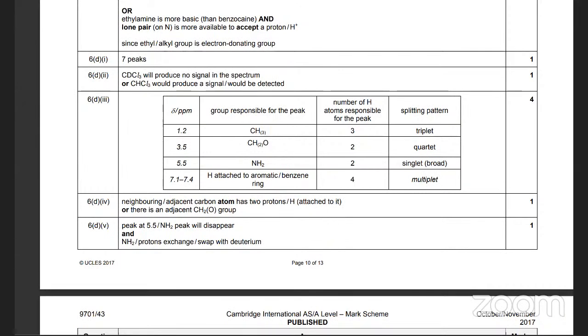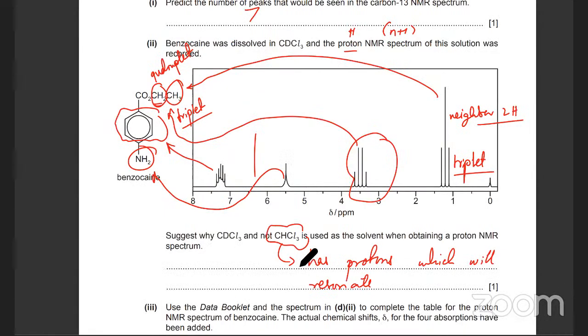And also remember, don't go into the details of why splitting happens. If you just want to be quick with it, all you have to know is that you'll have different chemical environments. These hydrogens are similar, these hydrogens are similar, these 4 hydrogens are kind of similar, the NH2 is similar. So there are 4 different chemical environments, so there are going to be 4 different absorptions.